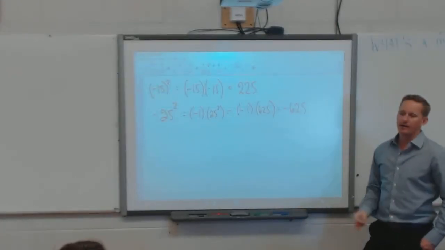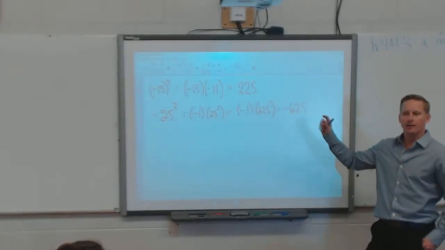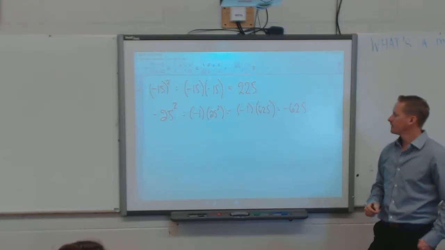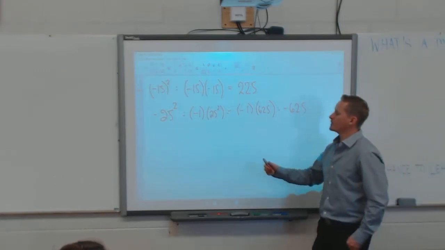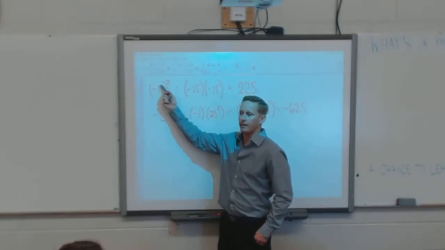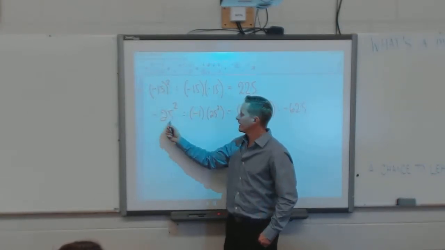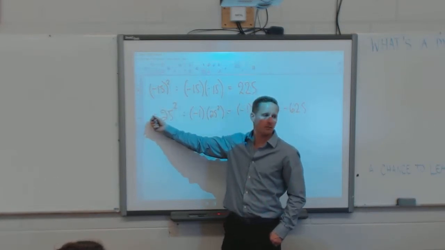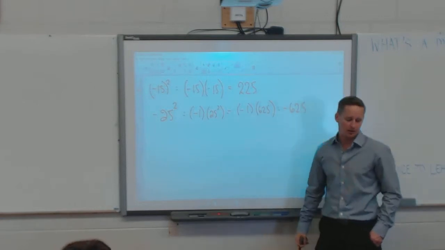That's the easy way to think about how to do this when you don't have brackets. So the difference between the two is this one is minus 15 times minus 15 because it's in brackets. This one is 25 squared times negative 1. Okay, so that's the first part.